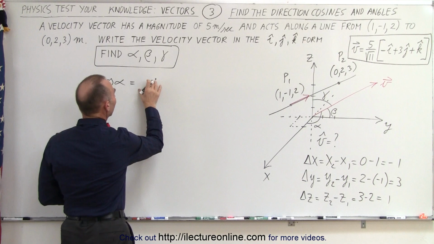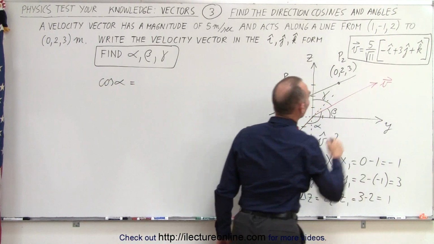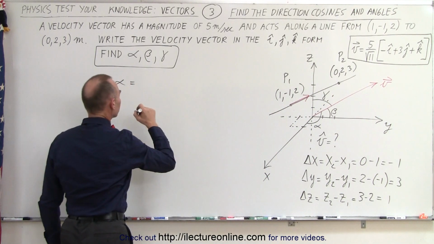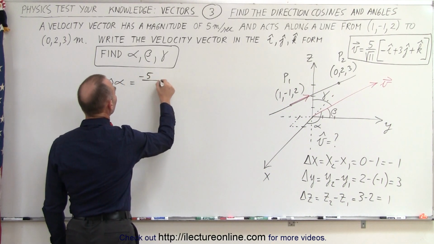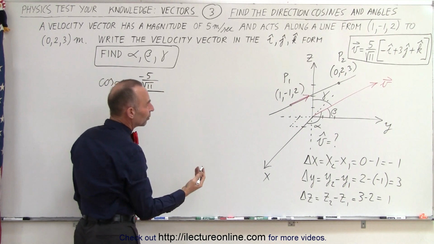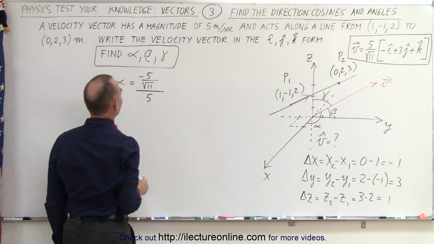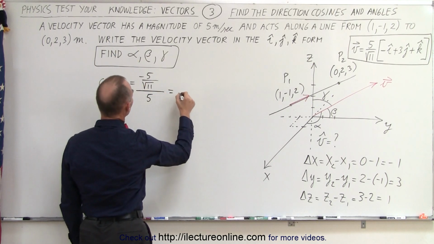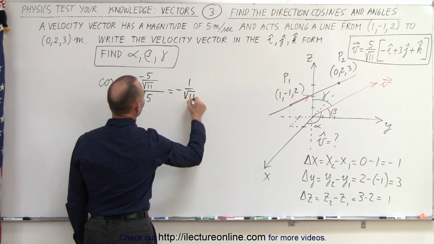It's equal to the component in the i direction, so that would be minus 5 divided by the square root of 11, and we divide that by the magnitude of the vector. Well, the magnitude of the vector is given to us as 5. And so this would be equal to, when the 5's cancel out, minus 1 over the square root of 11.